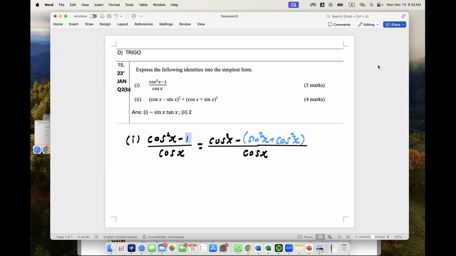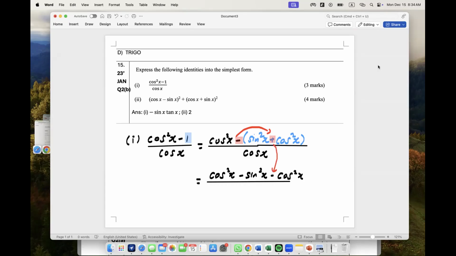Right? And now, if we continue to simplify it, we open the bracket, so we have cosine square x minus sine square x, and the cosine square to be minus as well. Because when we open the bracket, the sign of this, positive, negative, positive become negative.